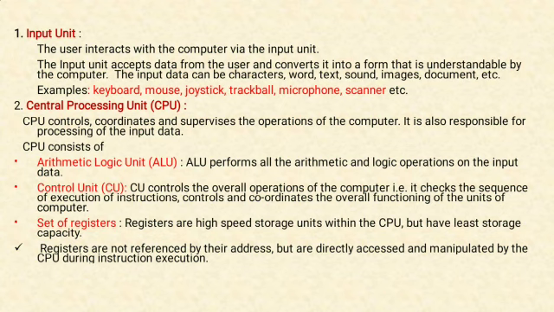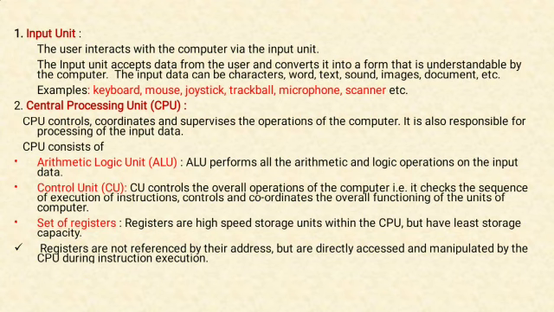Control unit. The control unit controls the overall operation of the computer. It checks the sequence of execution of instructions, and controls and coordinates the overall functioning of the units of the computer. For example, in a program, there will be 10 instructions.